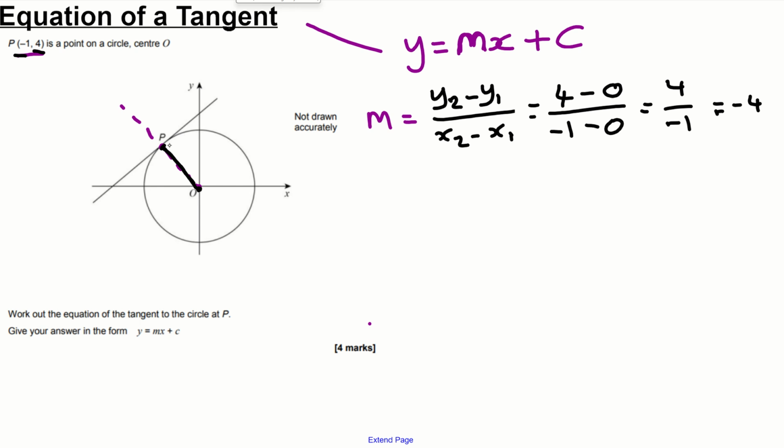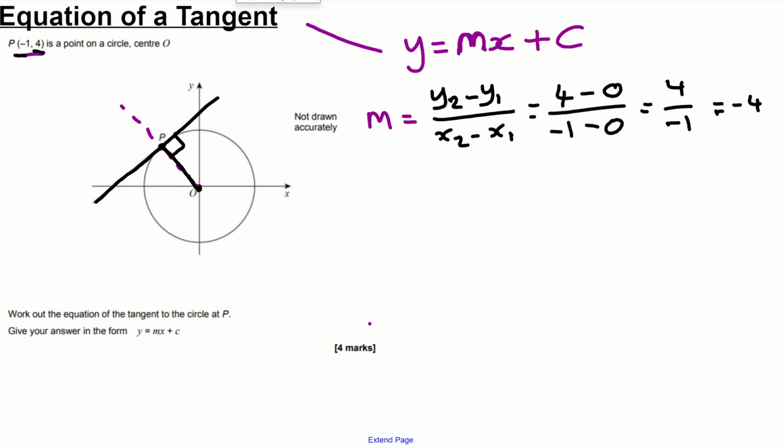So remember, to work out the gradient, you need 2 points. You've got those 2 points. But that's not the equation you want. You want the equation of this line here. The important thing to understand is that these two lines are what we call perpendicular.